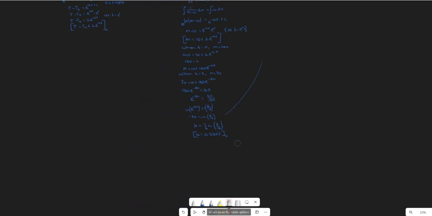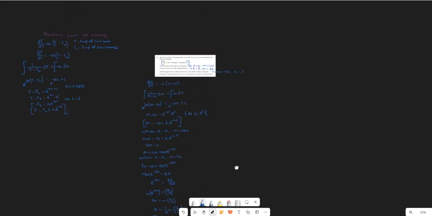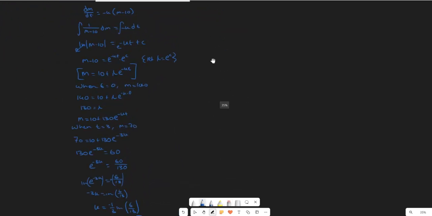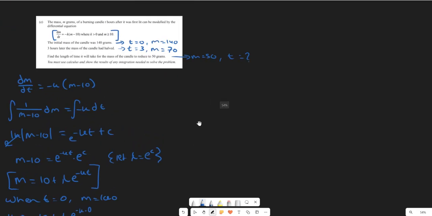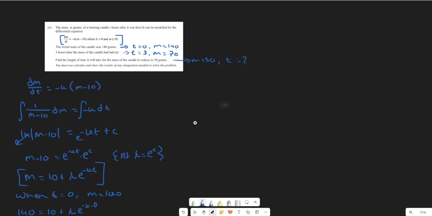That's quite a long working, so I think I'm going to bring some of it up over here. So let's rewrite our equation now. So M equals 10 plus 130 e to the power of negative 0.2577t. And so now what we need to do is solve for t.